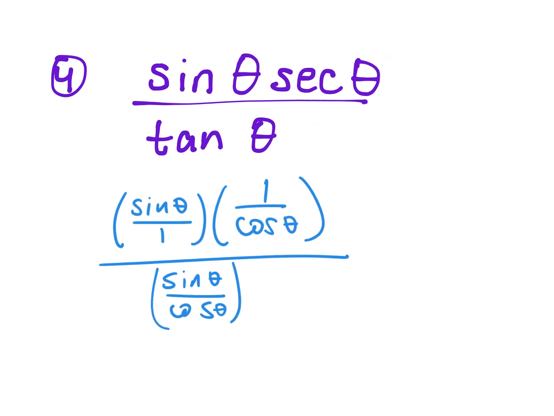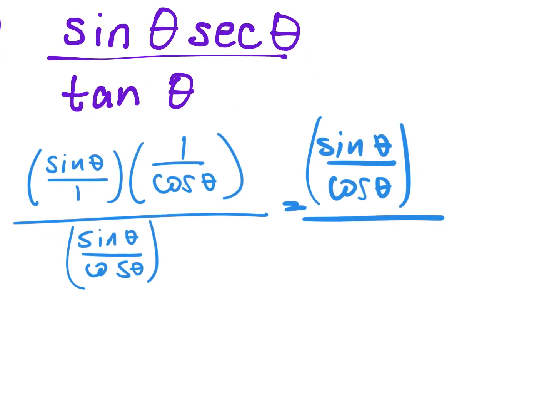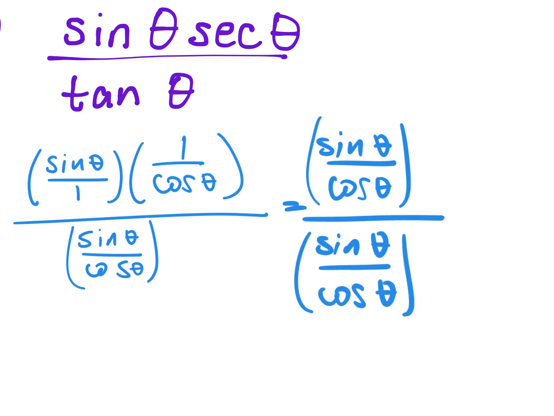Okay. I'm going to clean up the top a little bit, and I'm just going to multiply. So I have sine times 1 over cosine times 1. So sine over cosine over sine over cosine. Now, some of you at this point might have said, I didn't change the bottom, I left it as tangent. That's fine. Some of you might say, well, I have sine over cosine divided by sine over cosine. Is it the same thing divided by itself? Yes.